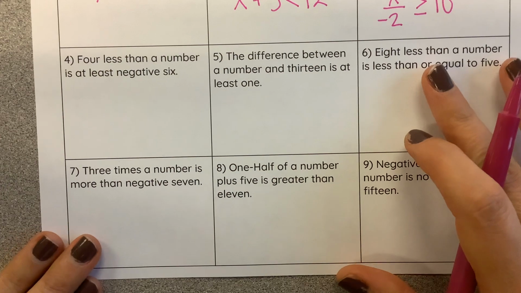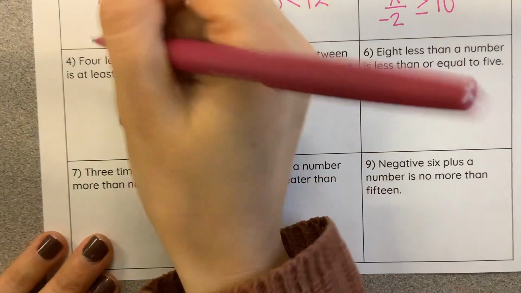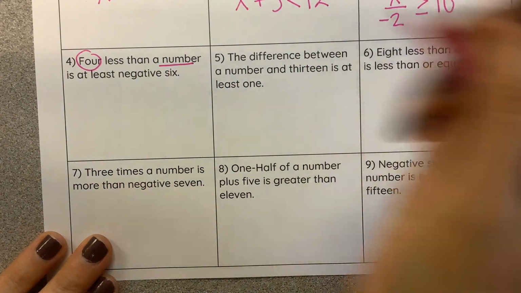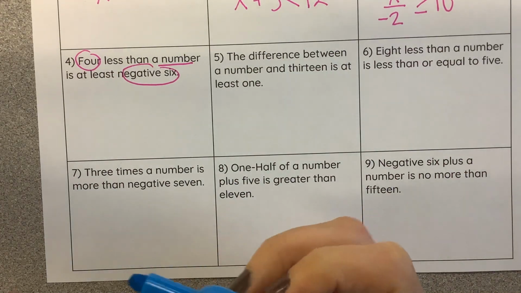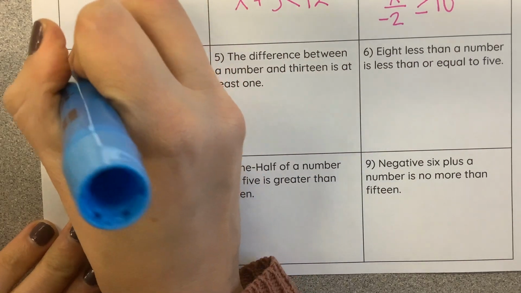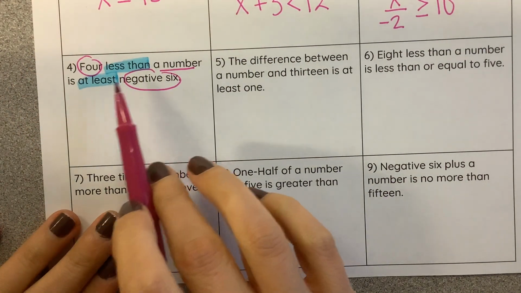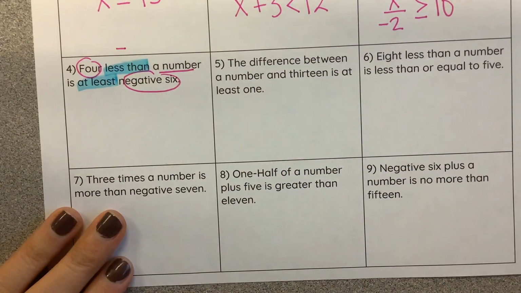Number 4, 4 less than a number is at least -6. So 4 less than a number, our unknown number, is at least -6. The keywords are kind of confusing here. If you point them both out, we see less than and at least. It's not 4 is less than, it's just 4 less than, which means it's subtraction.